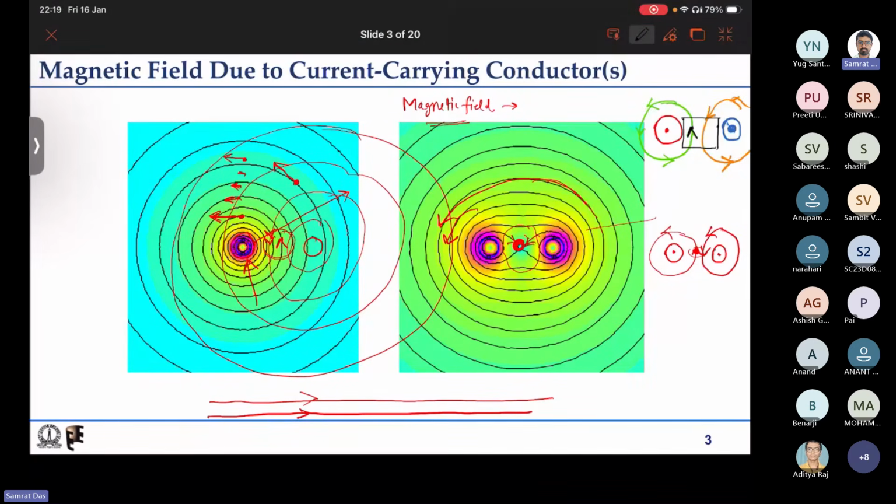One is upward, another is downward. It will cancel. That is why you have zero flux at the middle. Zero flux density basically. Okay, got it.